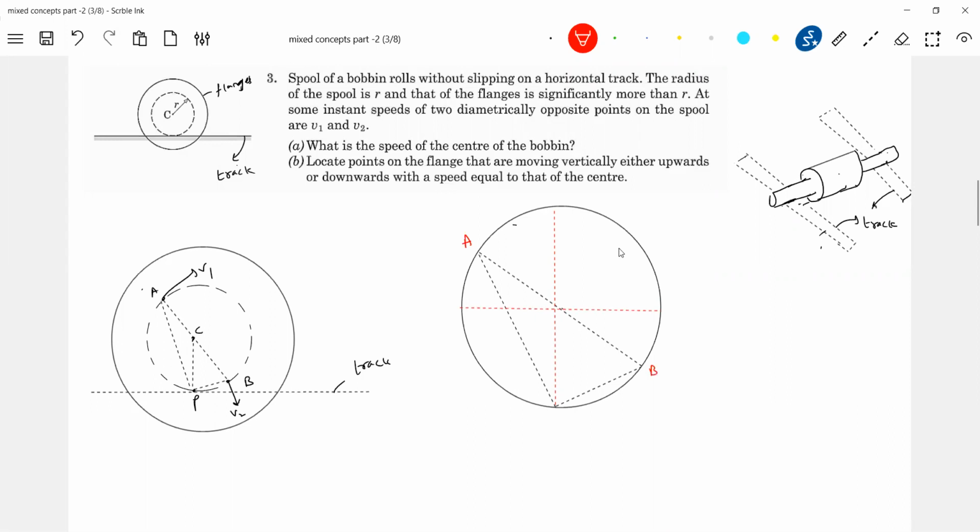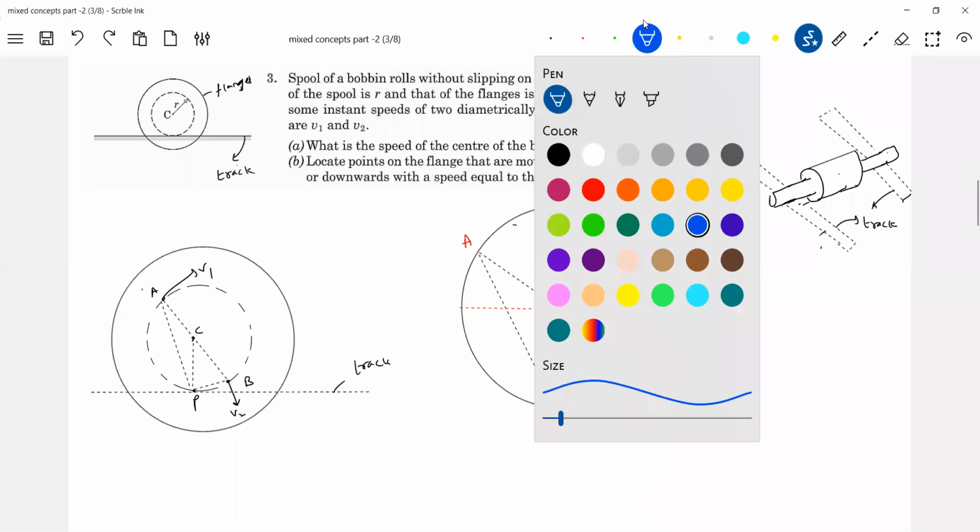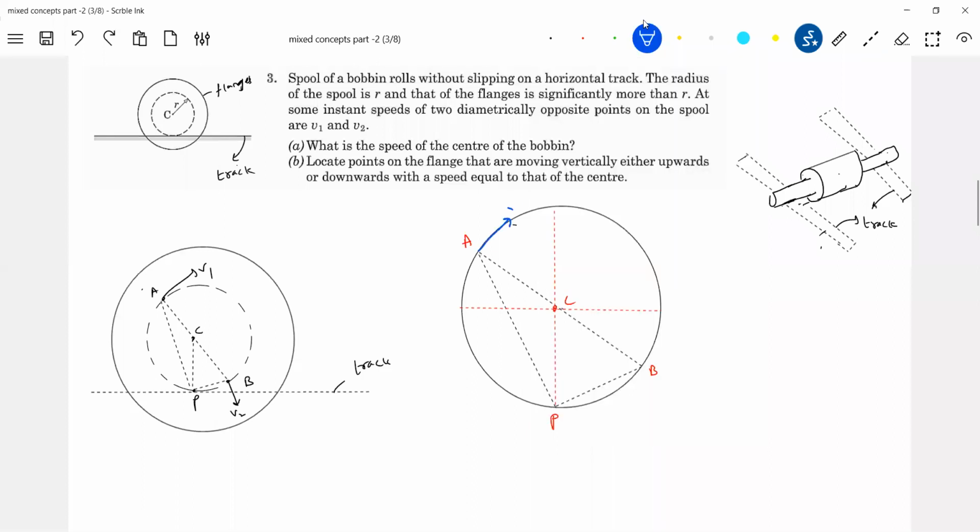This is A, this is B, and this is point P, and it is asking the velocity of the center of mass. So let's do one thing. The velocity of this will be tangential to it, and the velocity of this will be perpendicular to line PB. Perpendicular to the line PB.